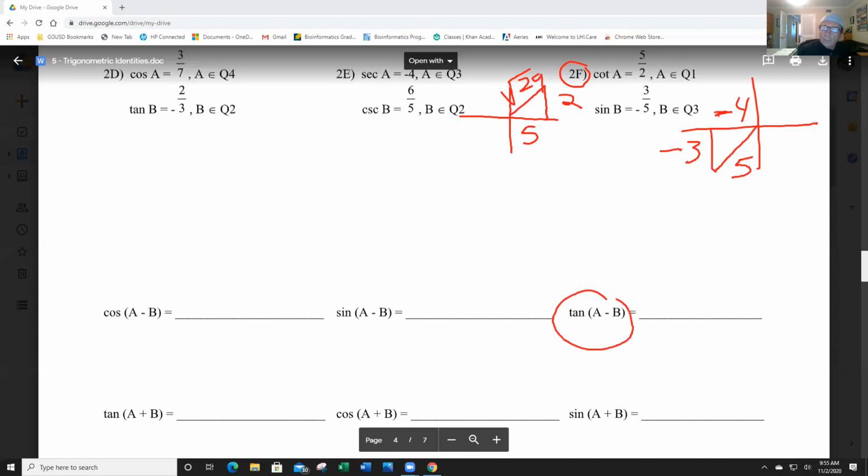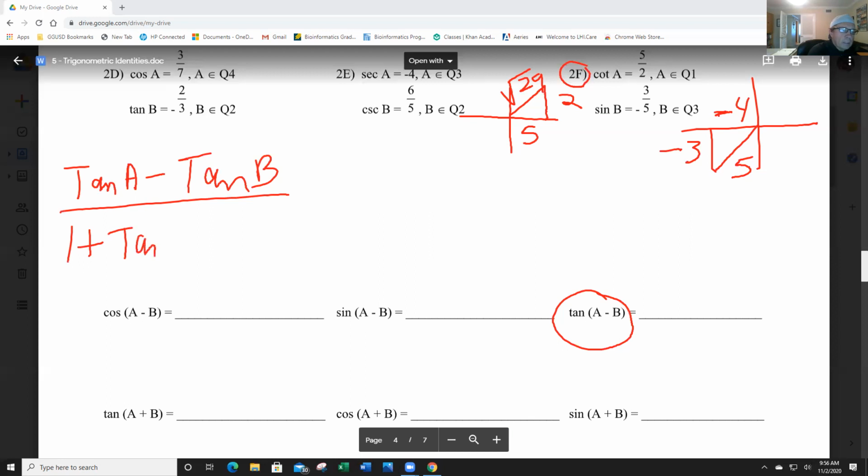First question, tangent A minus B. I'm going to move all the way to the left. We've got the tangent of A minus the tangent of B, divided by 1 plus tan A times tan B. I think tangents are the hardest ones. This one doesn't have radicals, so that's kind of nice.